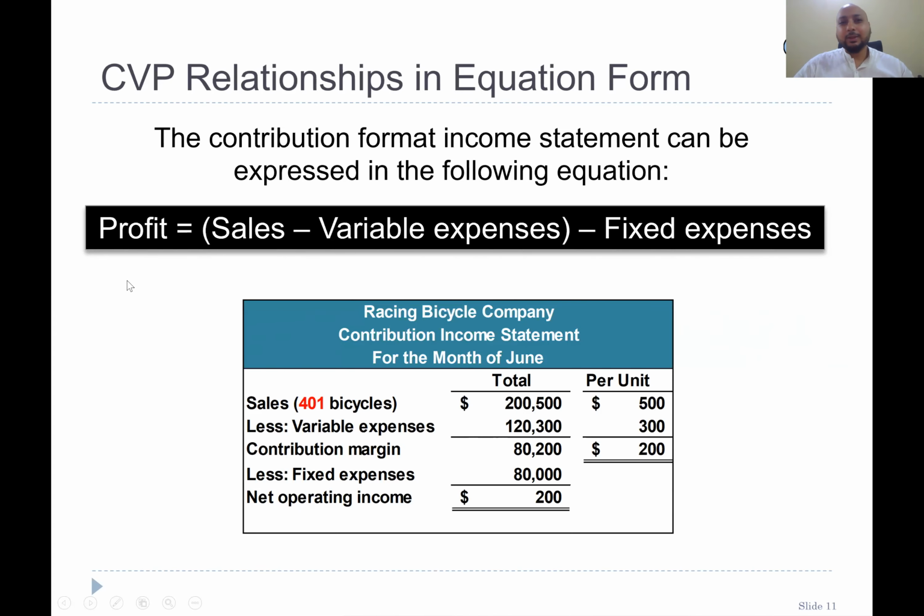Good. So let's talk about the equation. So we know that profit is equal to sale minus total cost. Total cost includes variable cost and fixed cost, right?